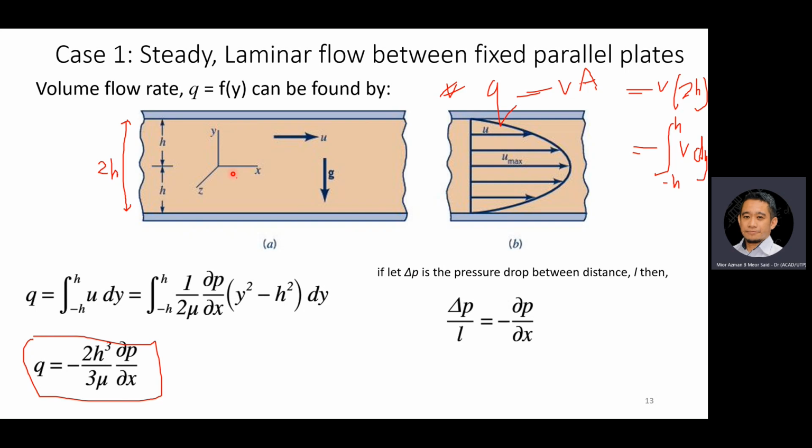Negative because the pressure will decrease along the x direction. Hence this leads to delta P over L. You can put it into the general equation for the volume flow rate, and you have this expression for the volume flow rate.